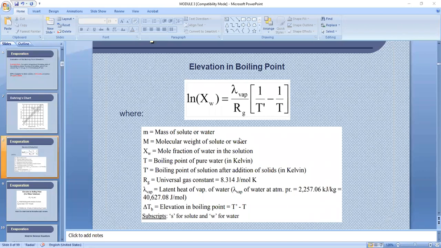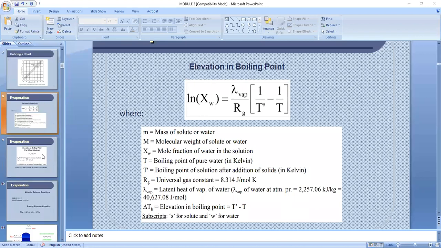So if a system is not the one that you have in your handbook, which has the Duhring chart, then you can use this particular formula in determining the boiling point elevation. Take note of this particular formula. It needs only the mole fraction of water in the solution. Now, we continue.